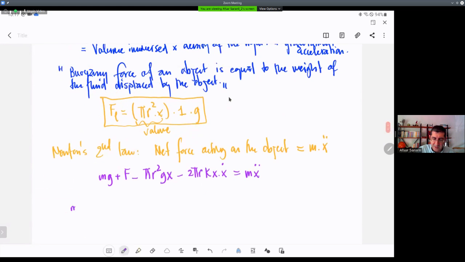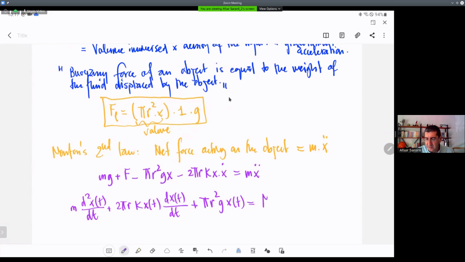We have m times d squared x of t over dt squared plus 2 pi r k x of t dx of t over dt plus pi r squared g x of t, and that needs to be equal to mg plus F of t.